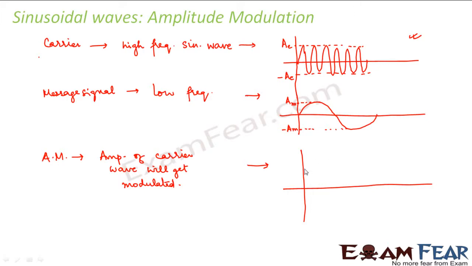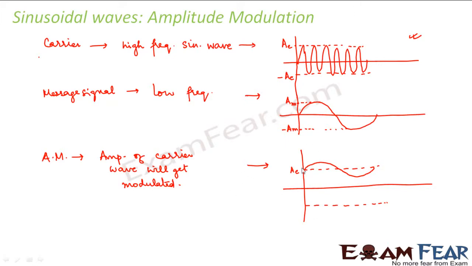Now, what was the amplitude of the carrier wave before? AC. So this AC was the amplitude of the carrier wave before modulation. But now this amplitude will get changed. How will it change? As per the modulated wave. Now, how is the modulated wave? The modulated wave is somewhat like this, right?